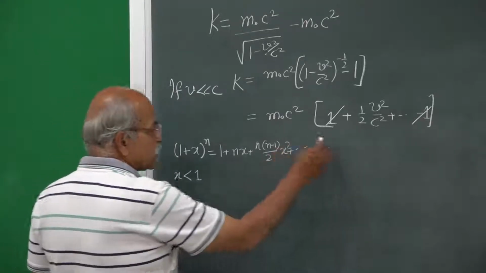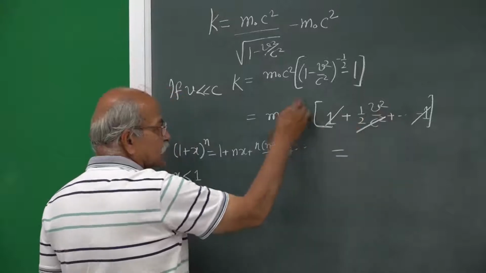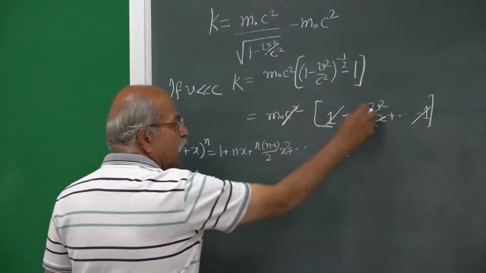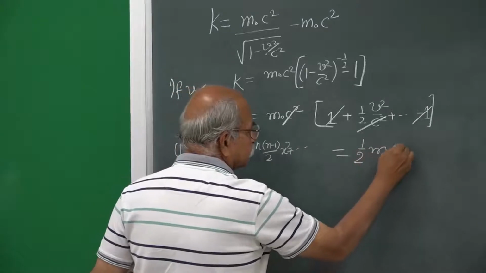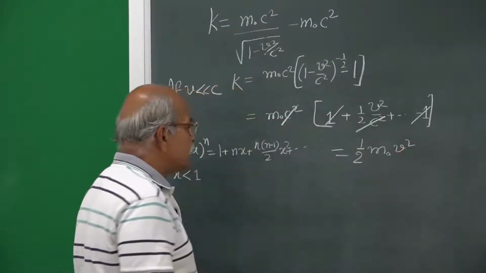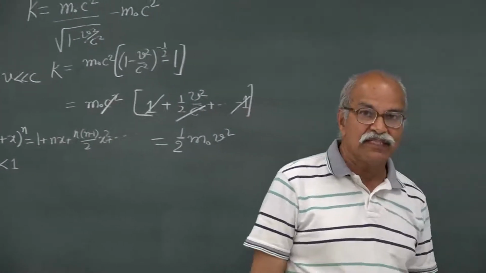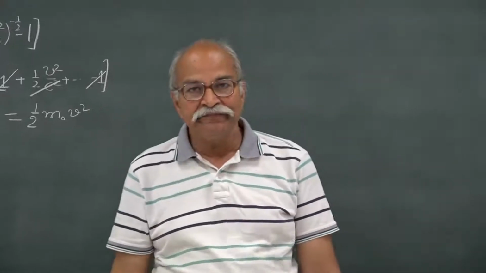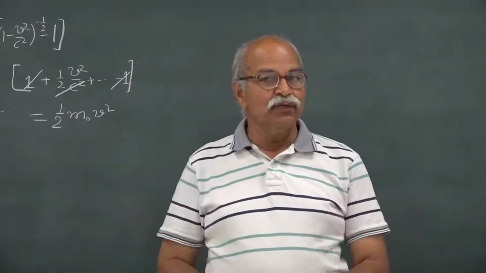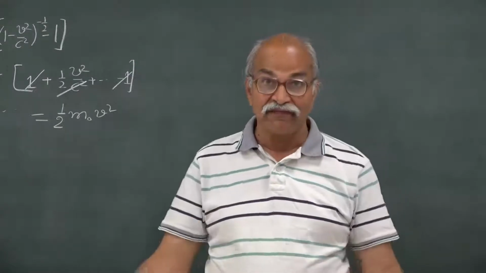Now, you can see what it is: this c square will cancel with this c square and you have half m naught v square. So, yes, if the speed of the particle is small as compared to the speed of light in vacuum, I can still use kinetic energy as half times mass times speed square.